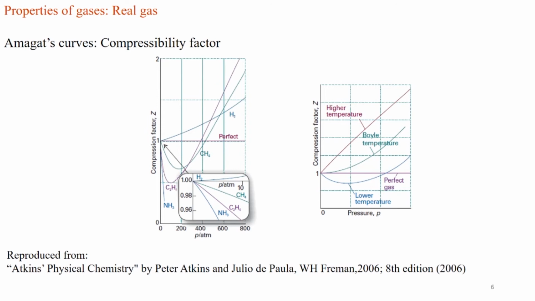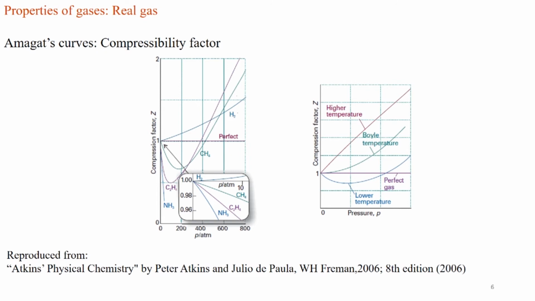Here I show a few real experimental curves for compressibility factor as a function of pressure. Now you see here on the left hand side, the plot shows the variation of compressibility factor as a function of pressure for different gases.